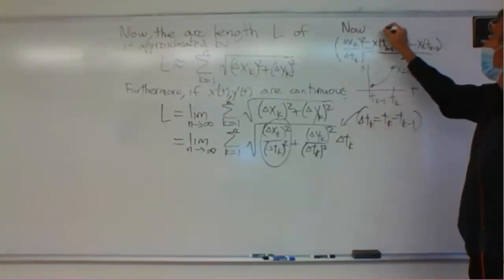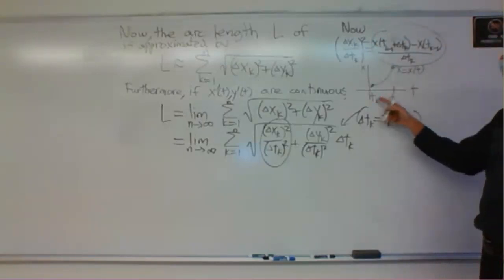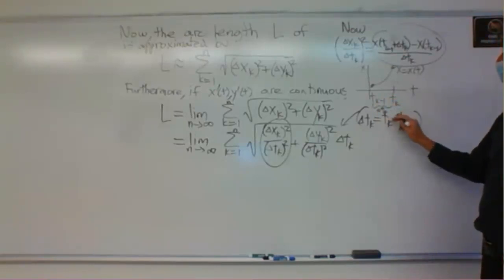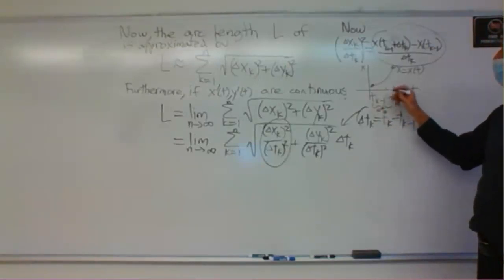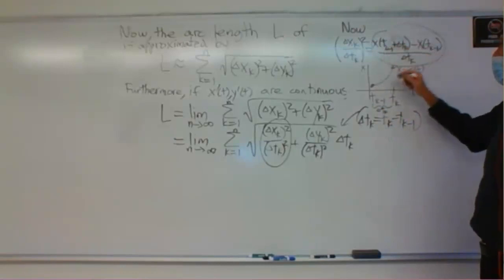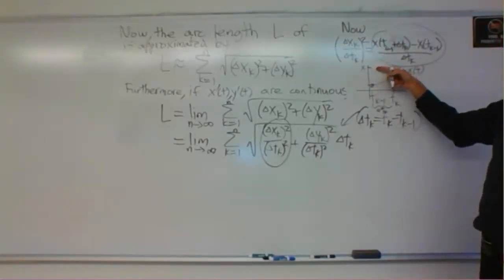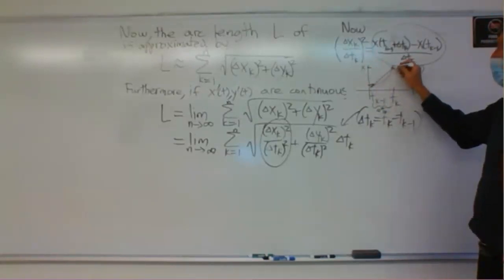What does this represent here? tk minus tk minus 1, this is delta tk, the width of the interval. And this top part is the change in x, goes from here to here, x at tk minus x at tk minus 1. And so what you have here is the slope of the secant line.